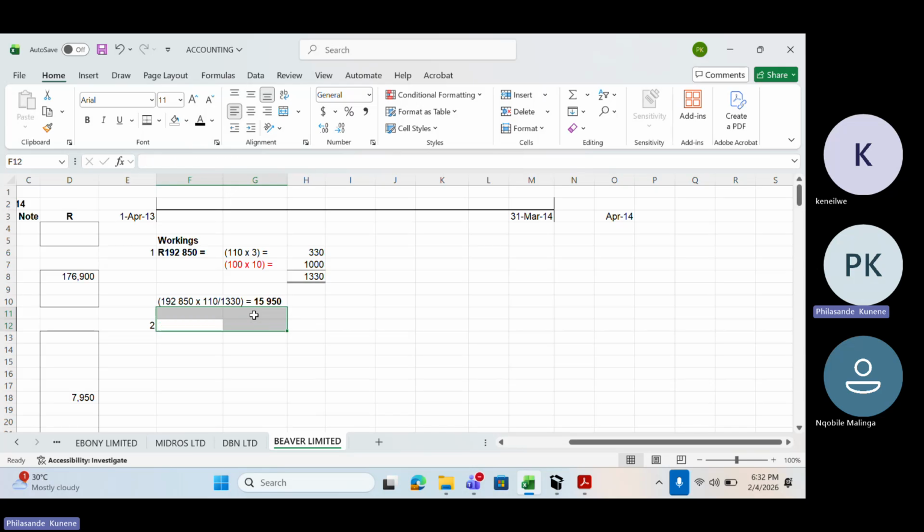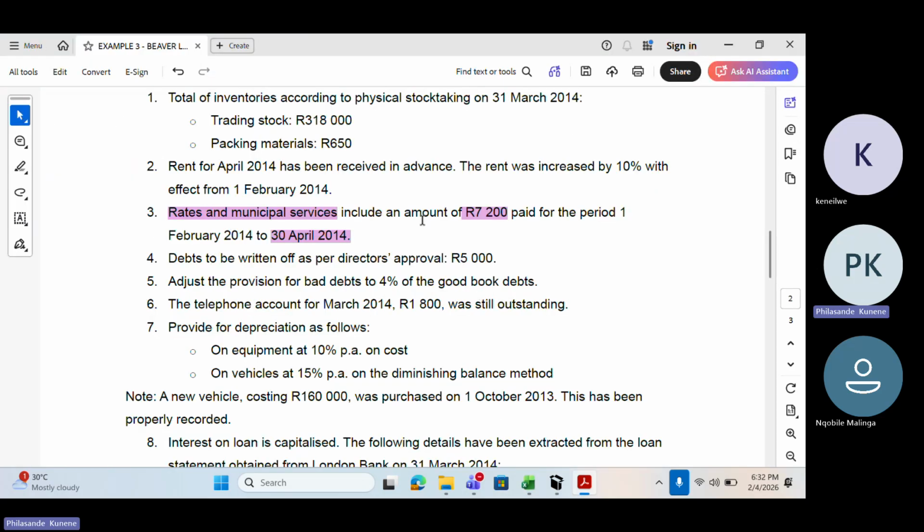Let's start afresh. My starting point is to calculate how many months there are from 1 February 2014 to 30 April. I know February 2014 is within my accounting period, and March 2014 is within my accounting period, but April is outside.